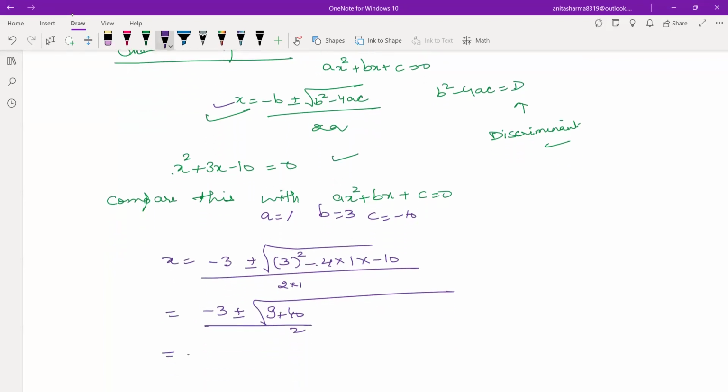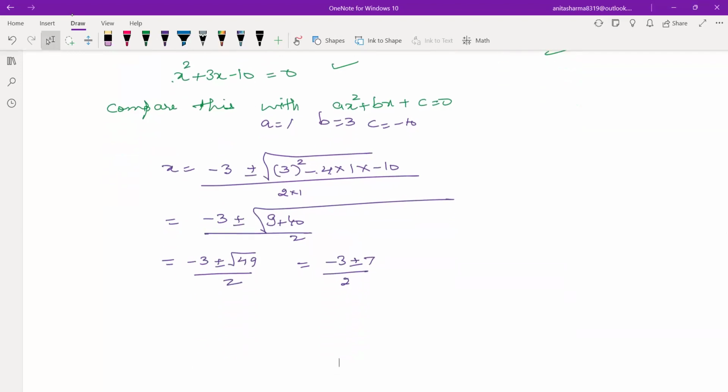So now minus 3 plus minus root 49 divided by 2. So minus 3 plus minus 7 you can write. Now you will take both the signs because our quadratic equation has highest power 2, so it means two roots are there, right? Two roots means two values of x.